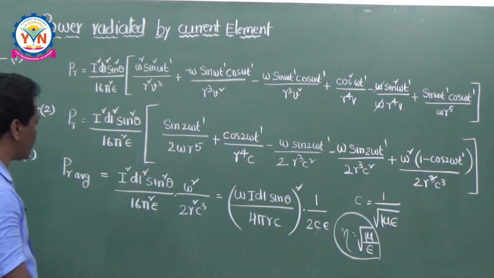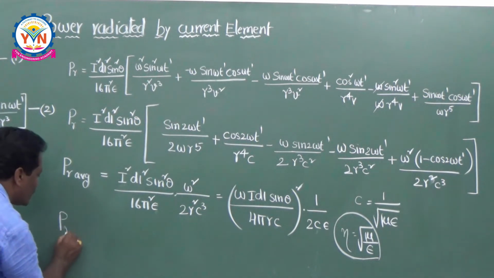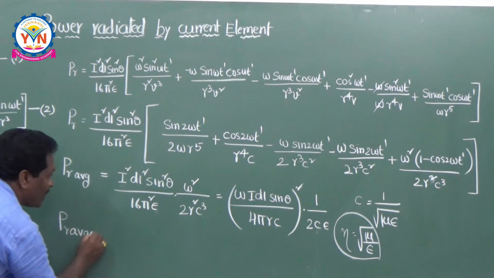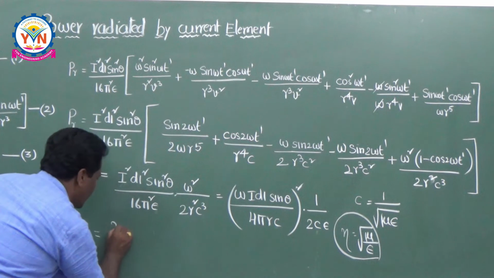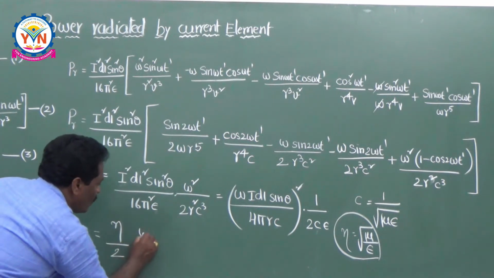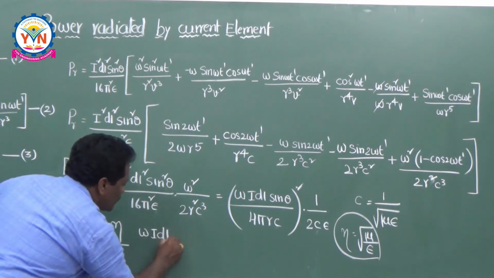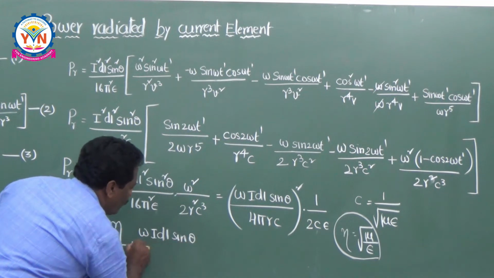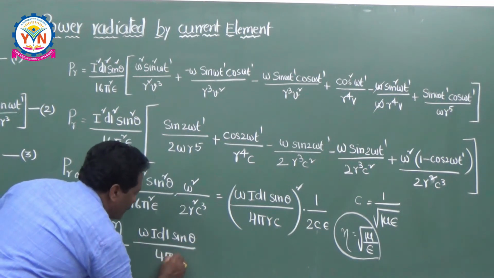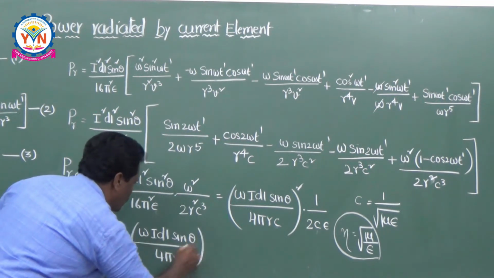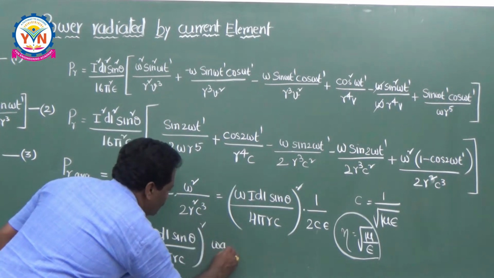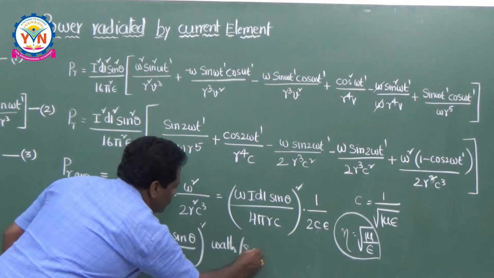Then happily you can write down here, PR average is equal to eta by 2 into omega I dl sin theta divided by 4 pi r c whole square. This is the expression you got. This is watts per square meter.